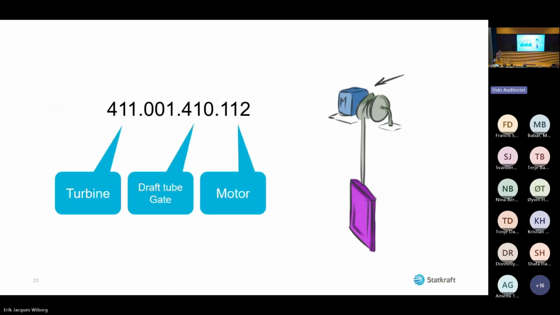If we compare it to our old system, which has a very defined set of numbers, at some point you'll reach the end of the structure that points to this motor. But if you now want to look at the oil system of the motor, if it's an important motor, then you're out of luck, because there's no more room. So you need to be creative. Again, you don't want to be creative when you're working with these structures.